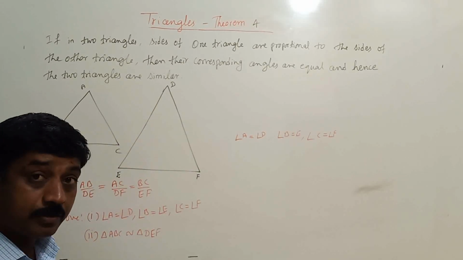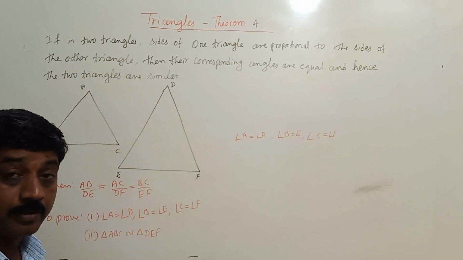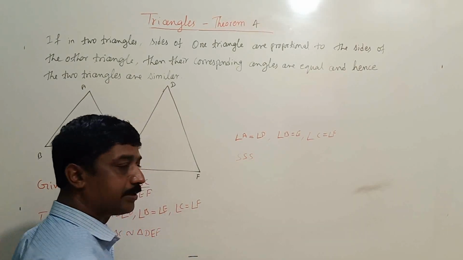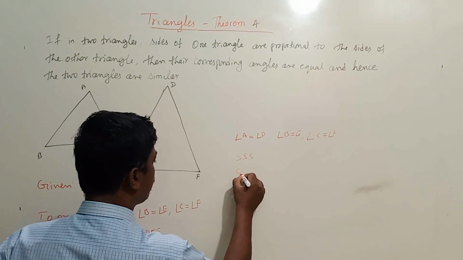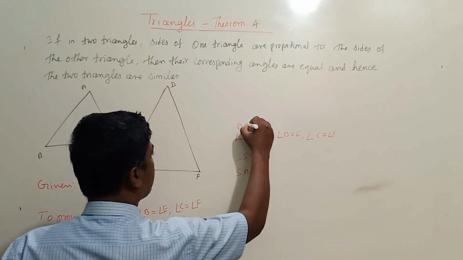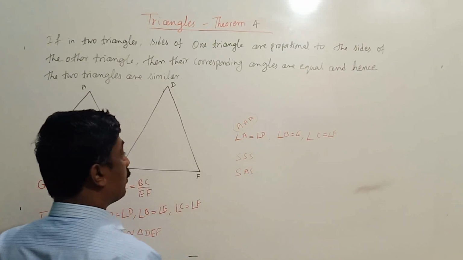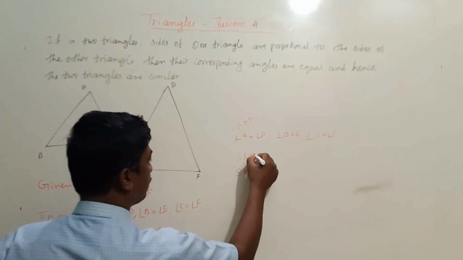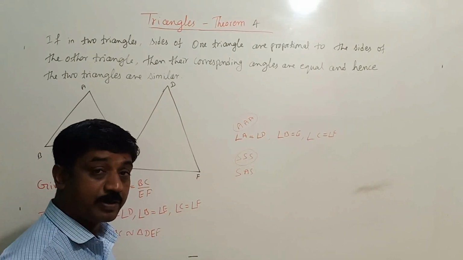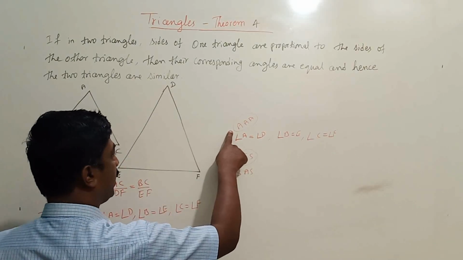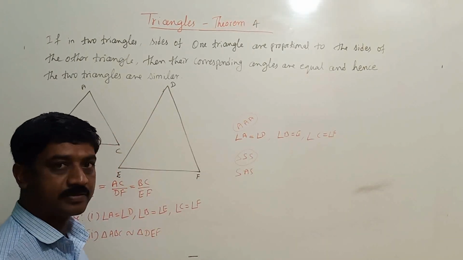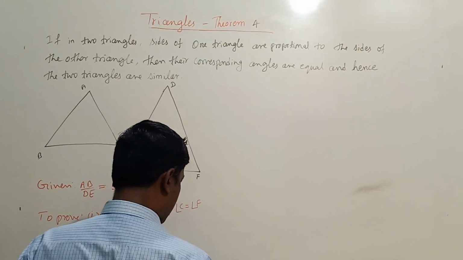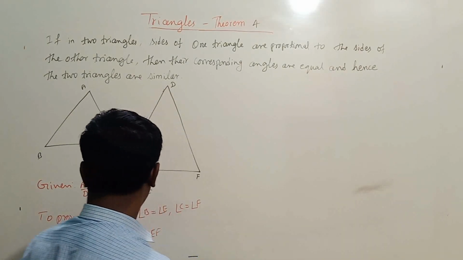And how did we prove that the two triangles are similar? By SSS. Even if we would have used SAS when they give you AAA. But in this theorem, they have given you SSS. That means we must prove that they are similar either by AAA or SAS. Remember this point. Do not forget. Got it? So let us proceed here.